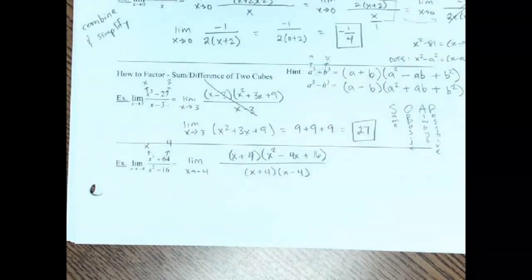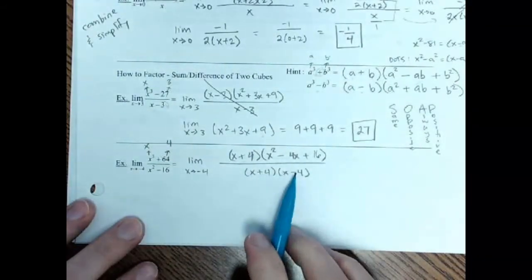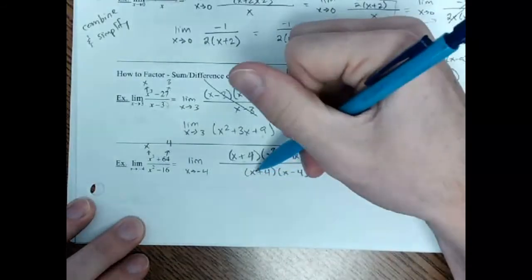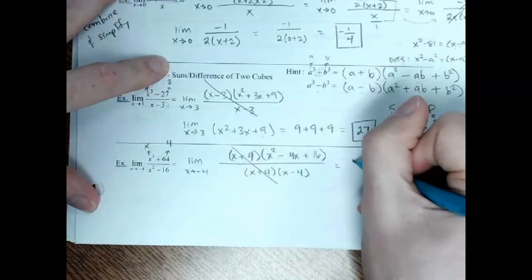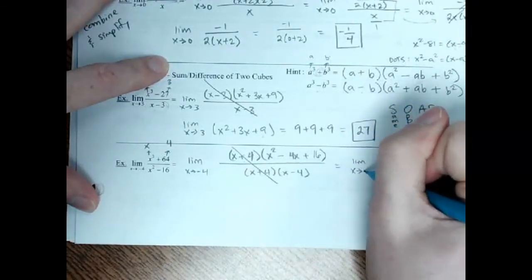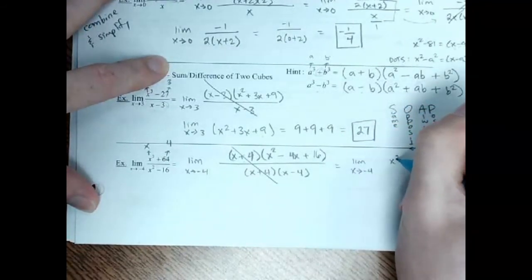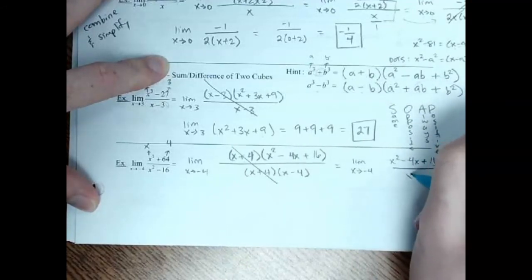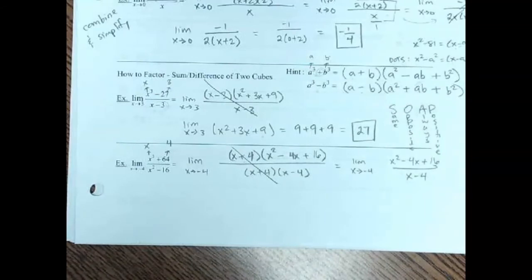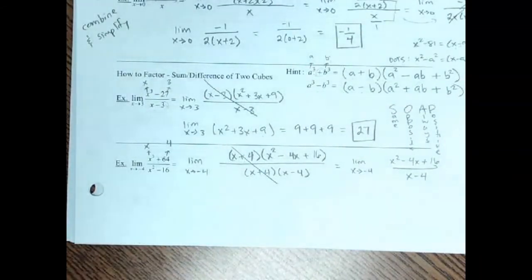So factor, and then one of those two chunks had better reduce, which in this case, it's going to be the x plus 4 chunk. You could try to factor the top farther, but it's rarely ever going to go any farther, right?